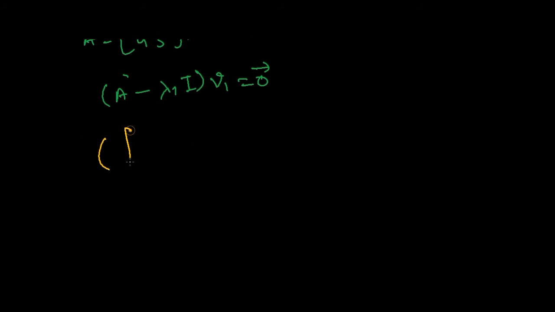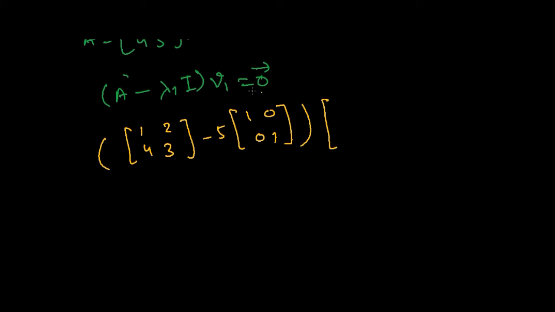We can write it like this: the matrix A, [[1, 2], [4, 3]], minus our lambda, that is 5, times the identity matrix of the same order as matrix A, multiplied by the component form of vector v1, that is (x1, y1), equals the zero vector (0, 0).